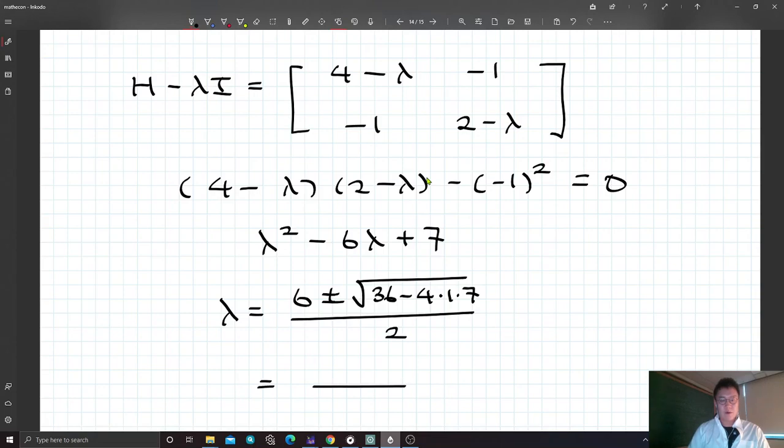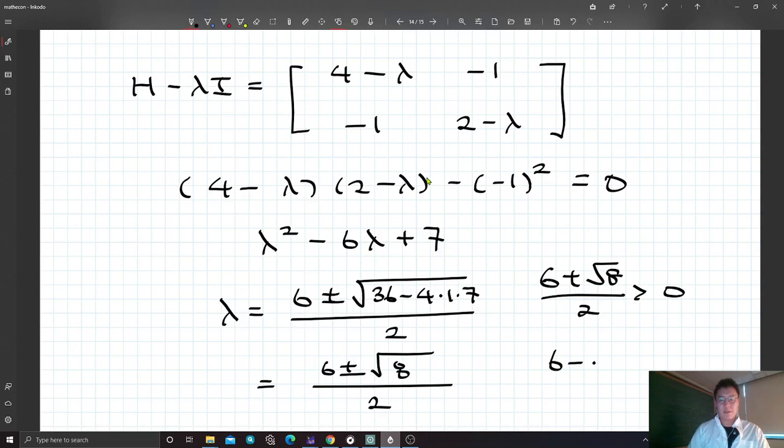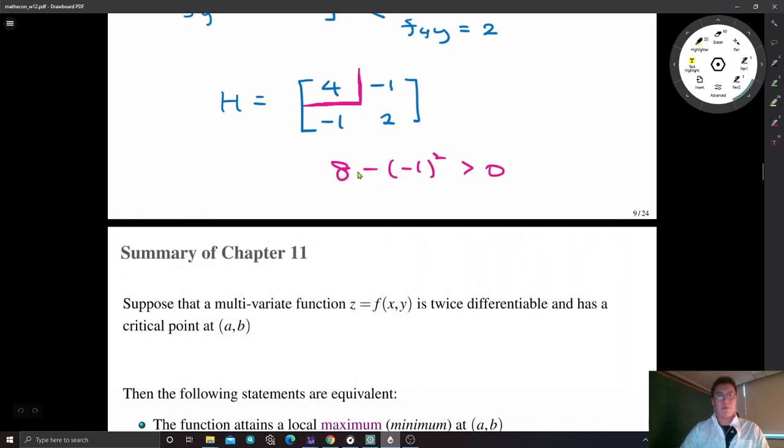So that is 6 plus or minus the square root of 36 minus 28, that is the square root of 8. So that is either 6 plus square root of 8 divided by 2, that is positive, or 6 minus square root of 8 divided by 2, that is also positive. So the two eigenvalues turn out to be positive, so we can make sure this Hessian matrix is positive definite.